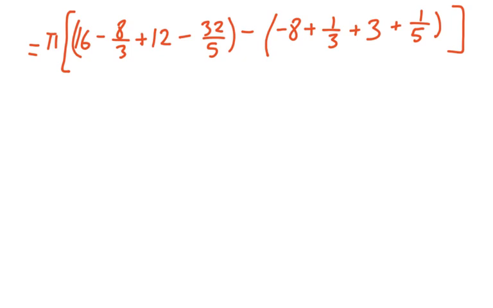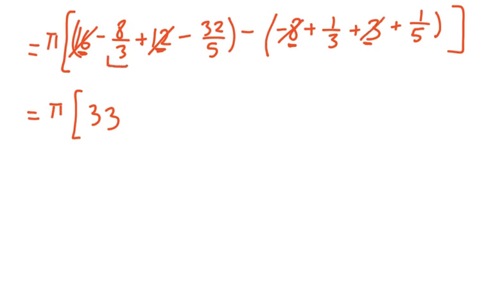And we have a calculator, so however you guys want to do it, right? If I take 16 and 12, I get 28. If I get -8 plus 3, I get -5. So I'm taking 28 and then subtracting -5. And so 28 minus a -5 is 33. And then what I do, like a grocery list, I cross off the 16, cross off the 12, cross off the -8 and the 3.